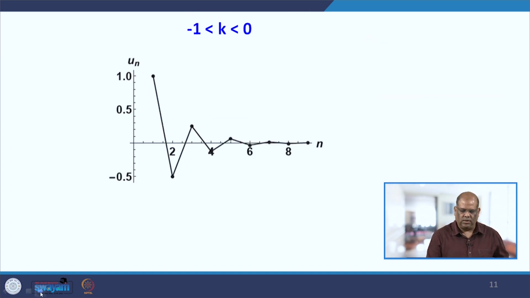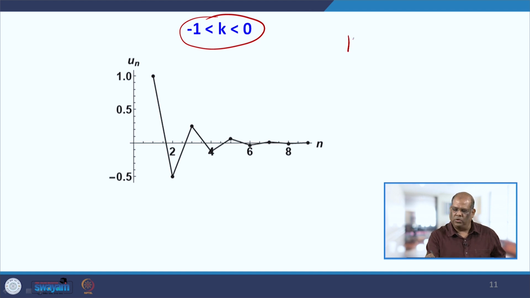The next case, if k lies between -1 and 0. As you can see, this is some sort of oscillation and a damping one. It starts with some large value and slowly it damps and goes to 0.